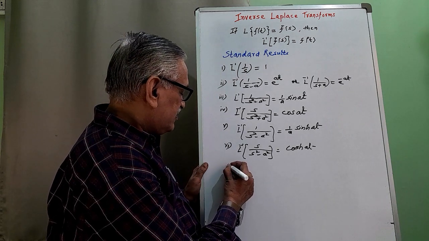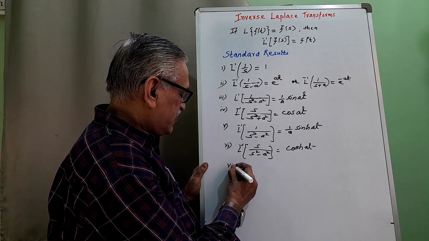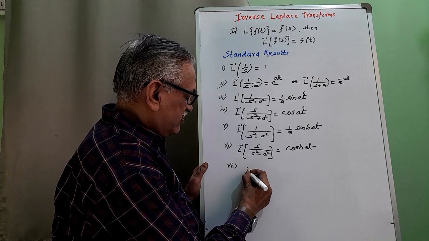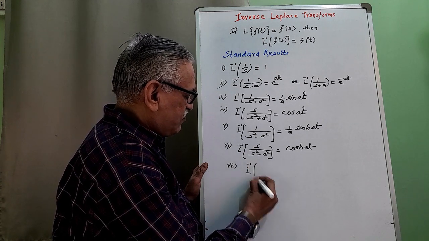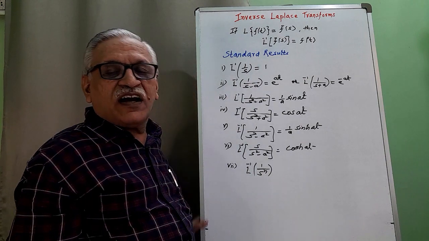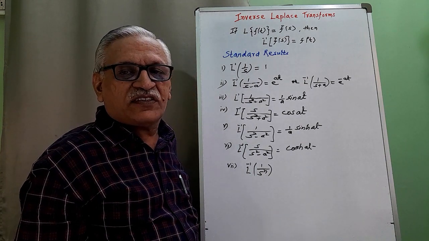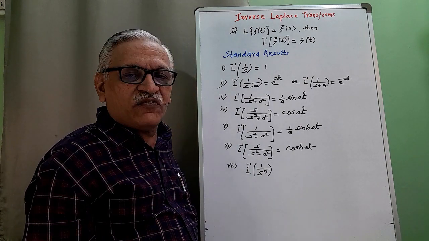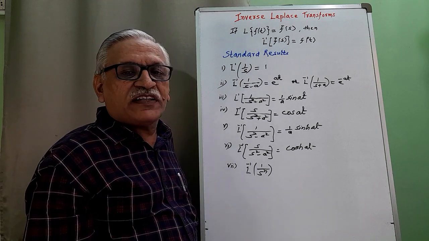Then seventh, inverse Laplace of 1 by s raised to n. There are two different formulas to find the inverse depending upon the nature of that n.